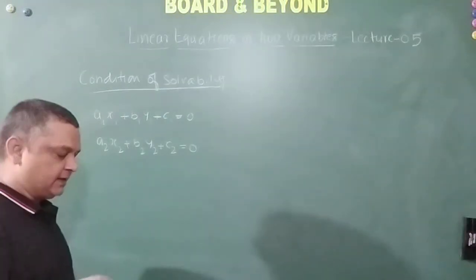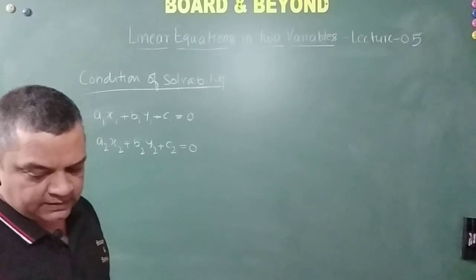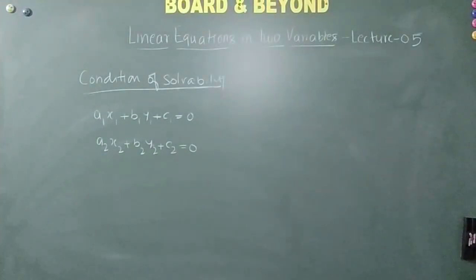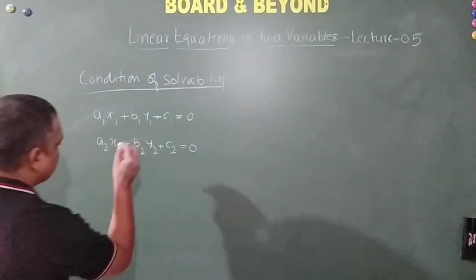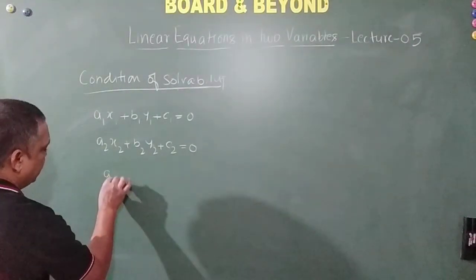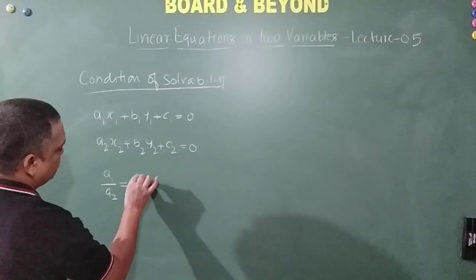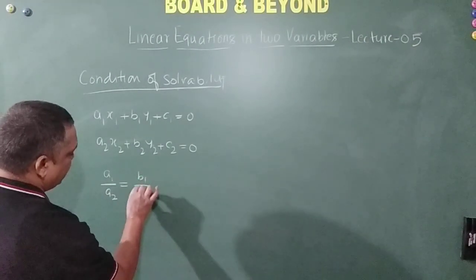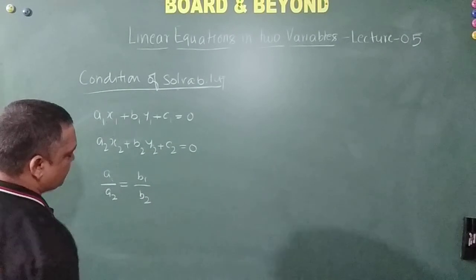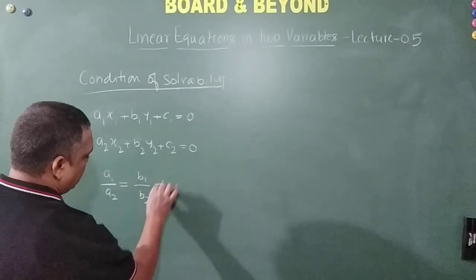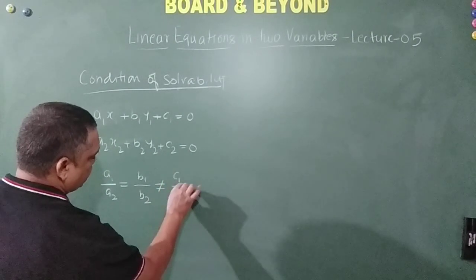There are three conditions here, my friends. The first condition is, let us say, a1 by a2 is equal to b1 by b2. I'm just talking about the coefficients. But it is not equal to c1 by c2.